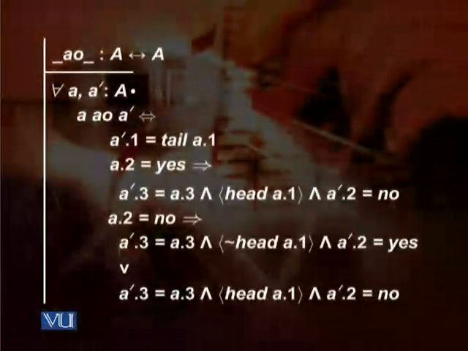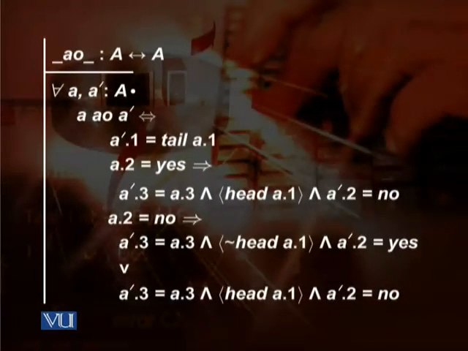Now let us look at the action itself. So we have this A naught operation. This A naught operation is defined as, for every A and A prime, that is the initial state and the final state, we have A naught A prime is equivalent to A prime dot 1 is equal to tail of A dot 1.